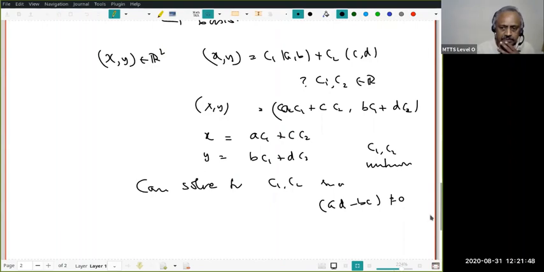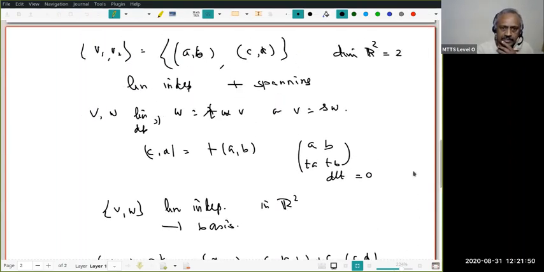So what I have shown now is that this set V1, V2 is linearly independent as well as a spanning set. Therefore, it's a basis according to one of the criteria for a basis. In the last video on equivalent definitions of basis, we have seen that one of the criteria for a basis is linearly independent and spanning. Are you happy with that?